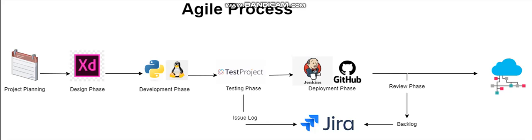So I created a simple graph. As you can see, this is the agile process. I will discuss this one by one, which is the proper way to run agile project management. As a project manager, in your project planning, you must prepare a checklist of the project requirements.